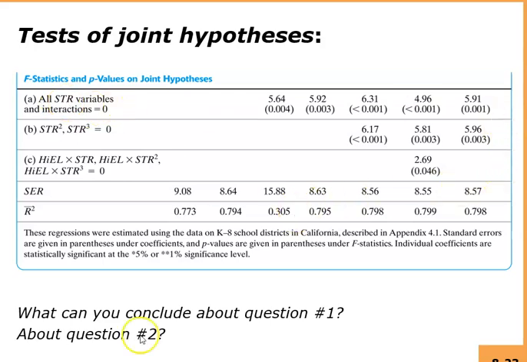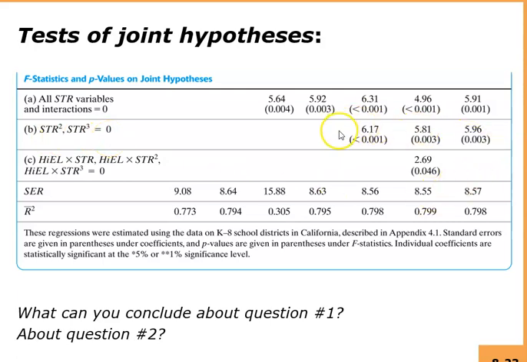So in all of these specifications, we can see that this joint hypothesis is rejected at the 1% level of significance. The second row shows us the joint hypothesis that the nonlinear terms are equal to 0.